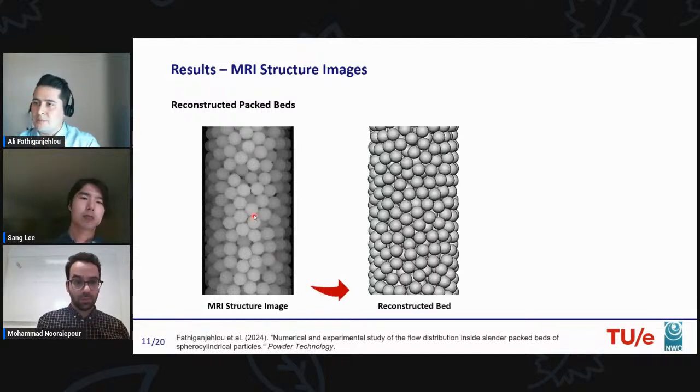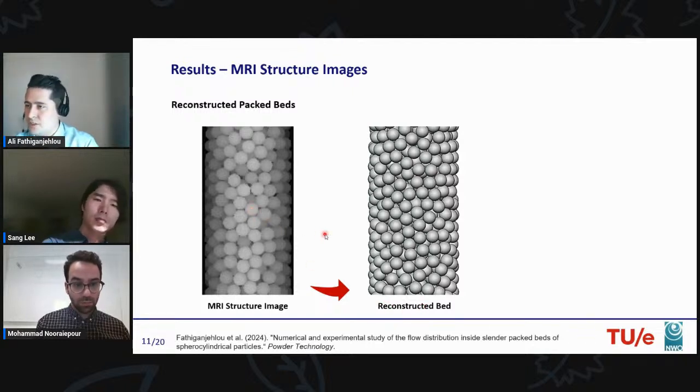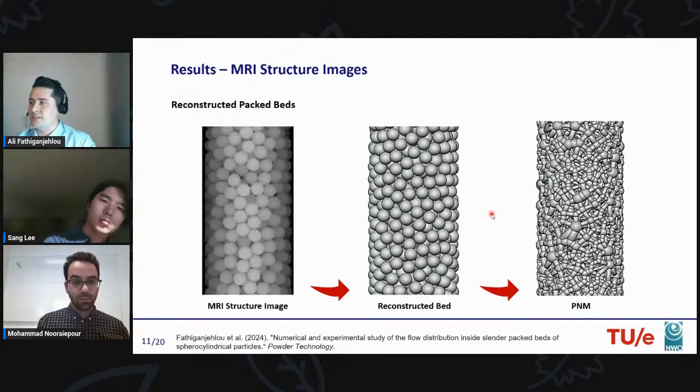We applied a particle detection algorithm on this structure image and obtained the positions of the spherical particles. Using this information, we reconstructed higher quality images of the bed and extracted the pore network model from it.